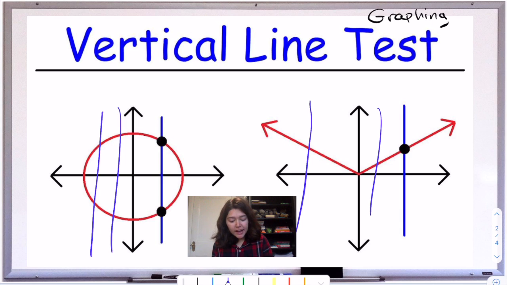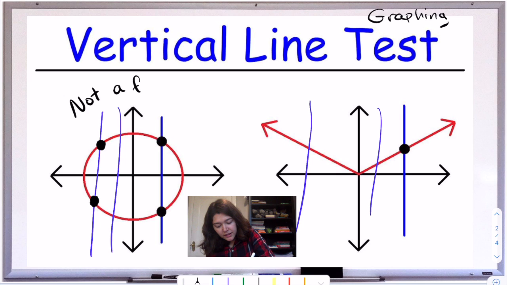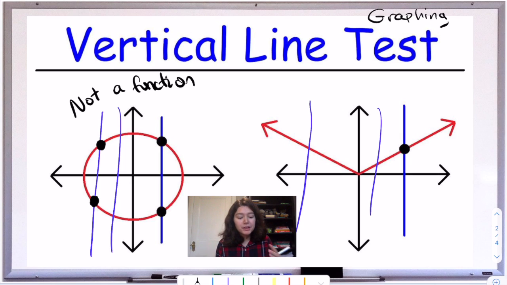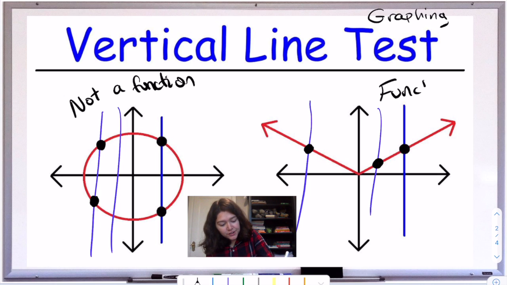And if at any point that vertical line crosses our graph two or more times, then it's not a function. But if no matter what vertical line we draw, no matter what up and down line, the line is only going to cross our graph at one point, like we have in this case, we say it is a function.